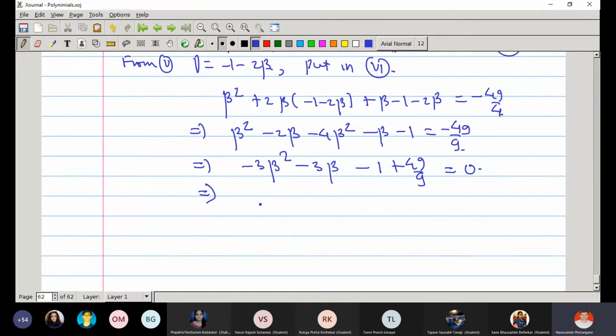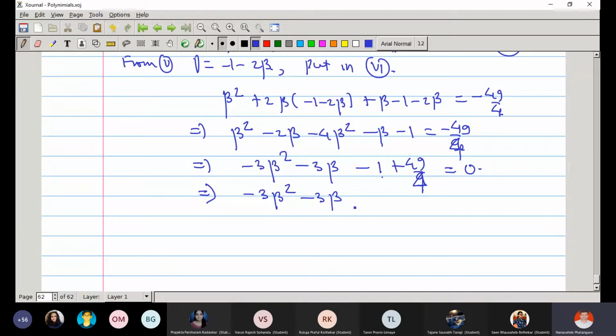It should be 49 by 4, right? Okay, so minus 3 beta square minus 3 beta, minus 4 plus 49, so 45 by 4.